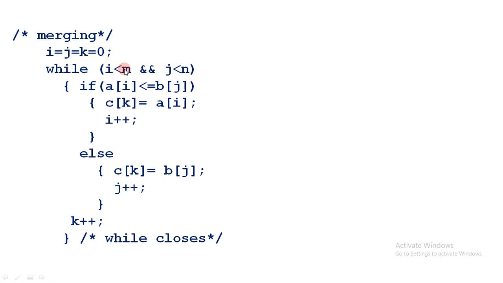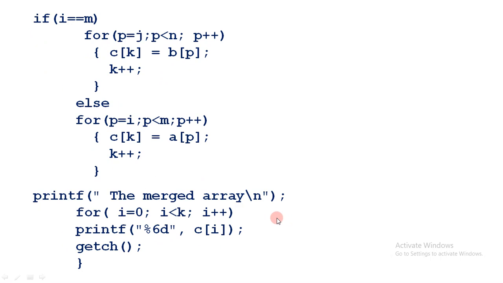Therefore it is false and true, or true and false. Any one becoming false, the control will come out.